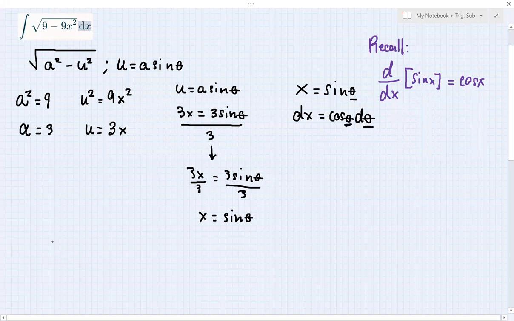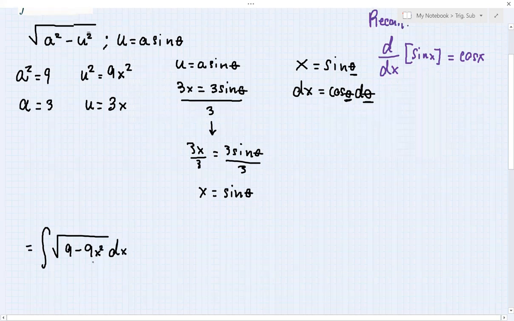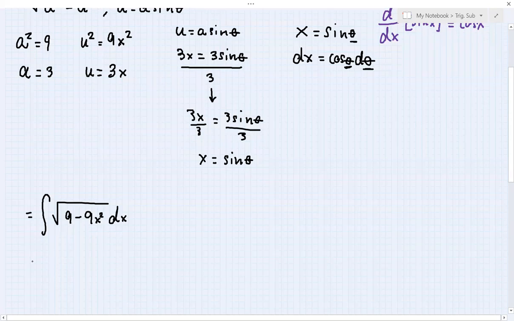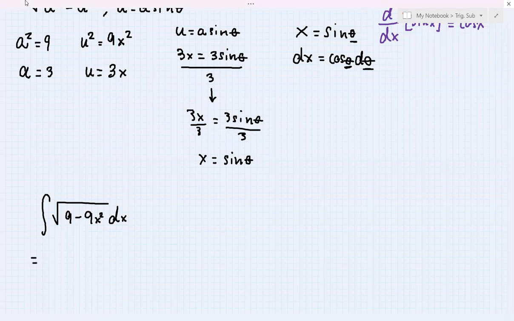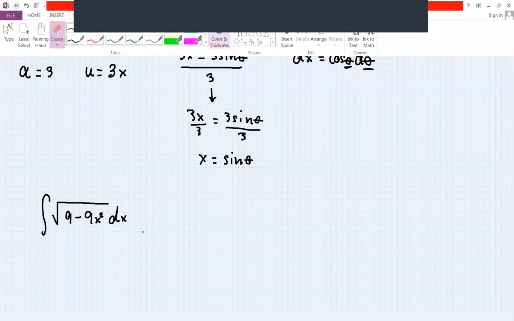Here we are. Alright? So what we are going to do is substitute x and dx here. So we have square root of 9 minus 9x squared dx. Now, let's equate it.